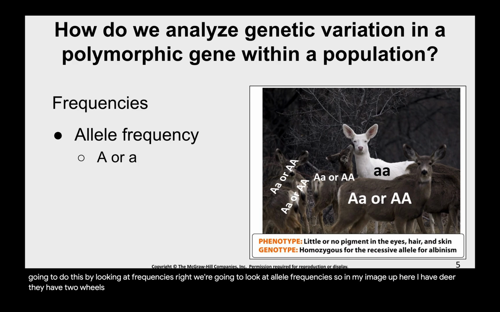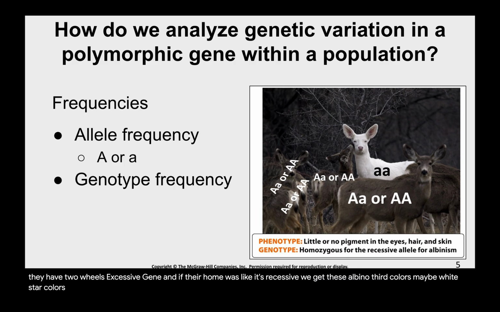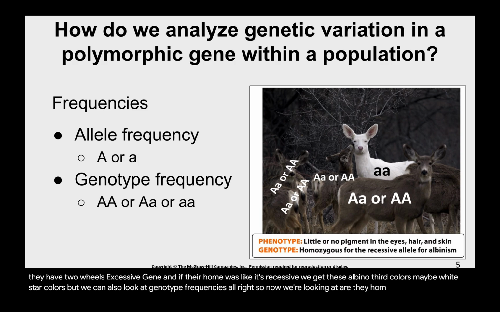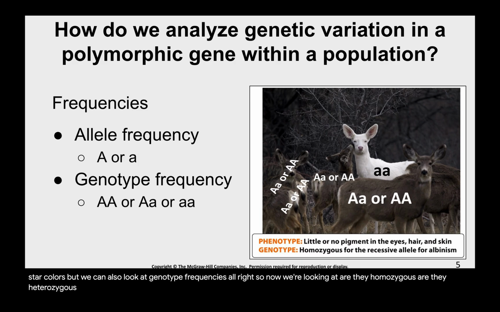Little a is the recessive gene, and if they're homozygous recessive, we get these albino, white fur colors. But we can also look at genotype frequencies. Now we're looking at whether they are homozygous or heterozygous, homozygous dominant or homozygous recessive, and what the frequency of each of these is in a population.